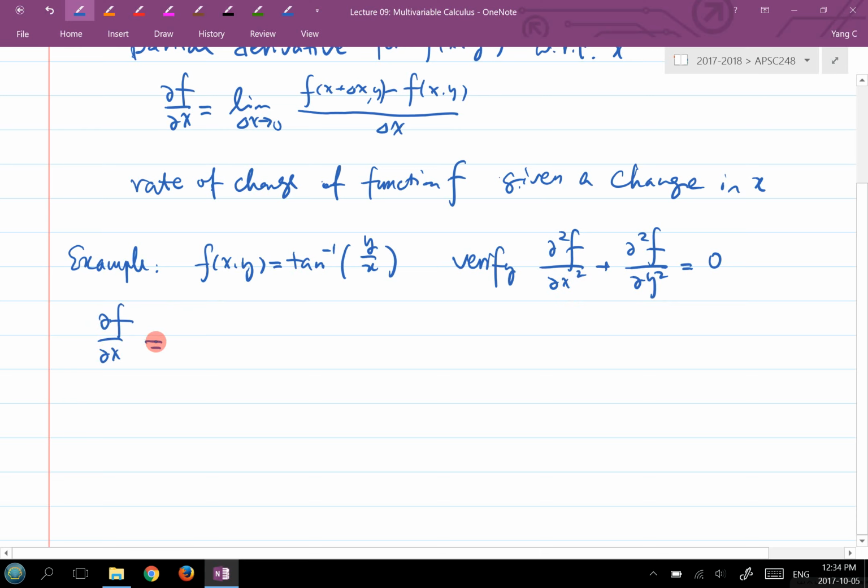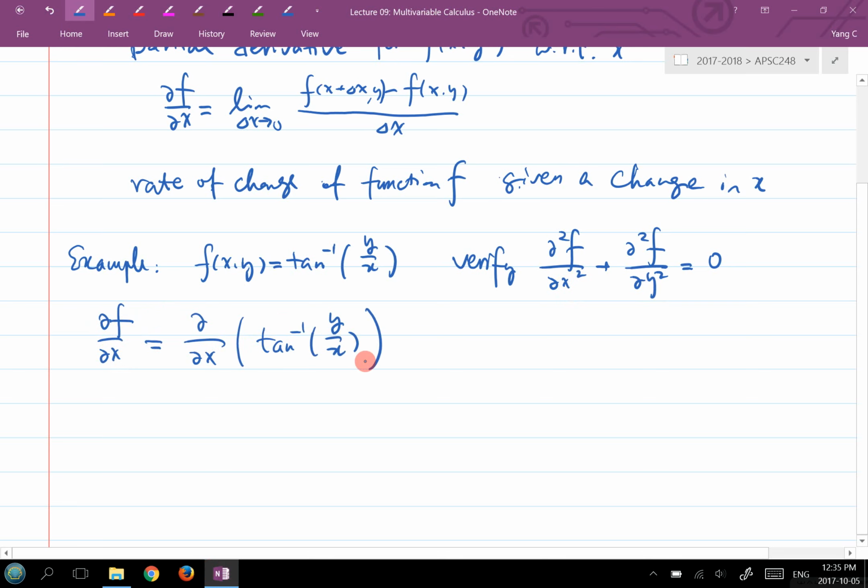At this stage, the way to write it properly is very important. For example, I'm looking at the partial f over partial x, and I can write it like this because I know my f is this, so I can put everything in a big bracket.